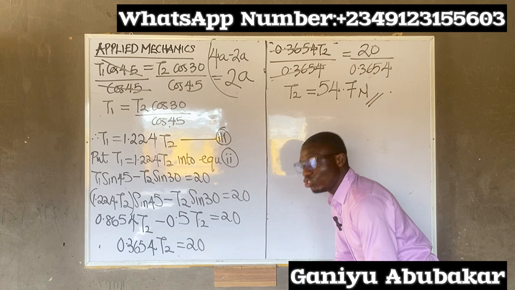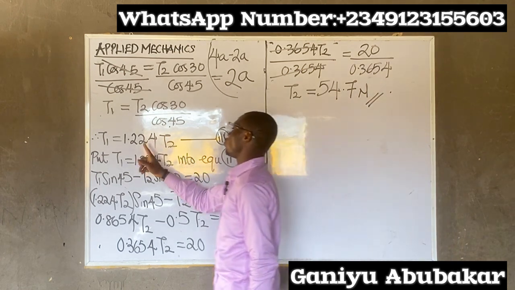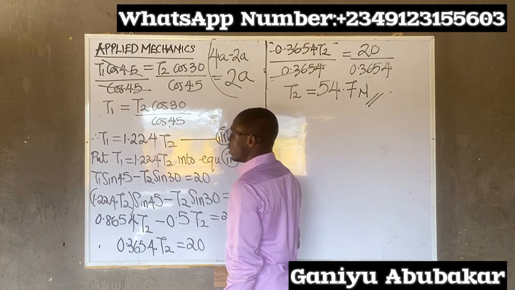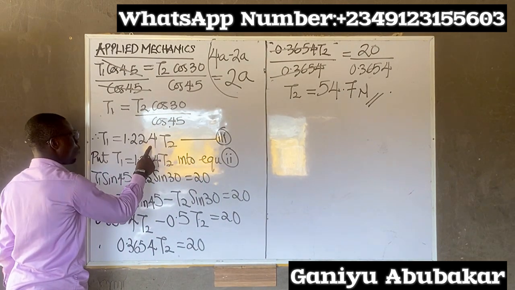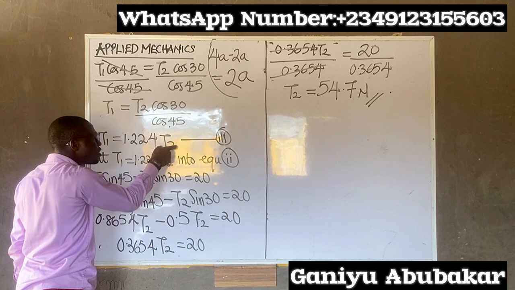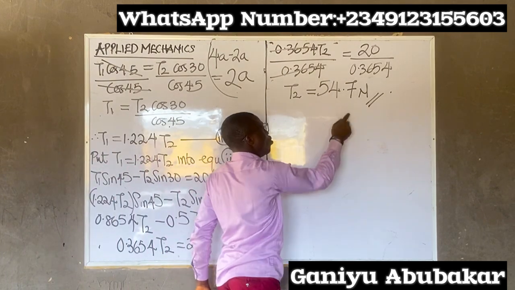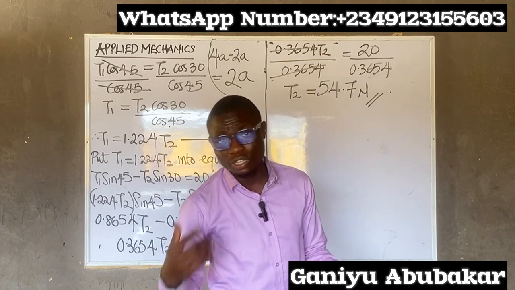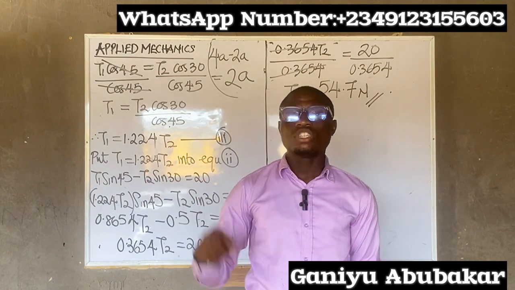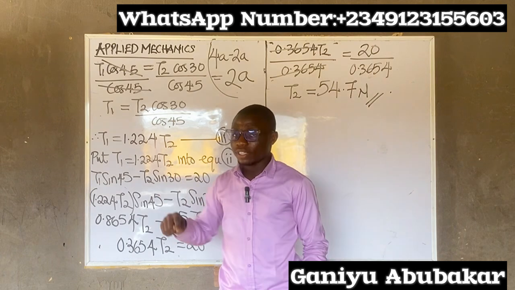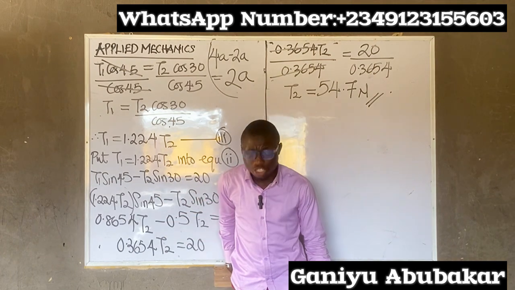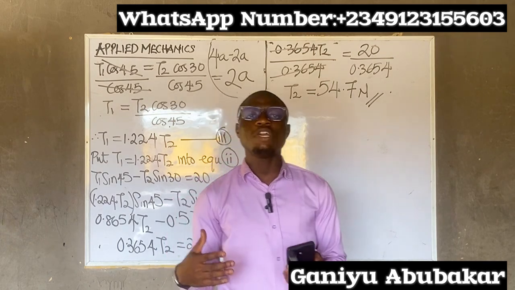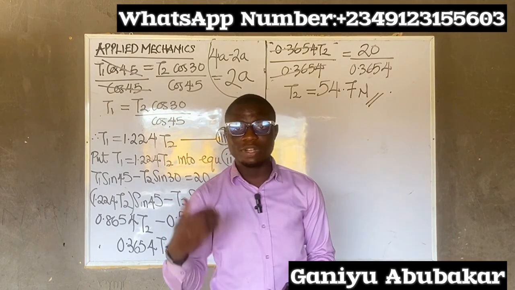To get T1, do not stress. Come back to equation 3, copy it down this way: 1.224 times T2. But what's T2? T2 is this value. Multiply this value by this value. Automatically, that's your answer for T1. I've given a hint, so do well. Try your best, give me the value of T1 in the comment section, and I'll reply to tell you if you are wrong or correct.